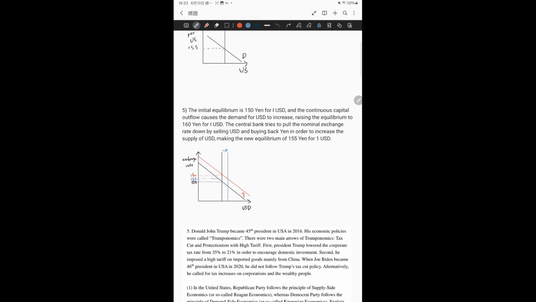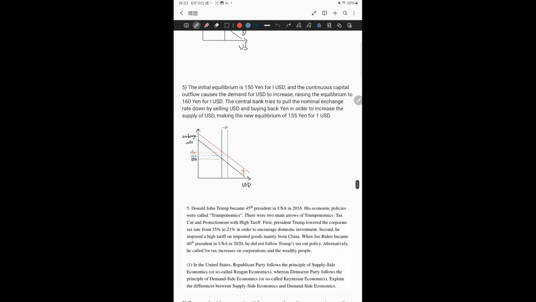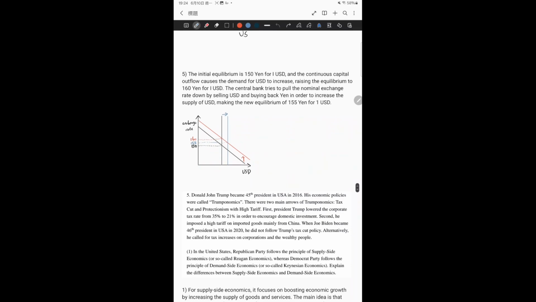And the central bank tries to pull the nominal exchange rate down by selling US dollar and buying back yen in order to increase the supply of US dollar, making the new equilibrium of 155 yen for 1 US dollar. So the final state of this is you can see the supply curve move to the blue supply curve, which is the final equilibrium, would lay on 155 yen for $1.